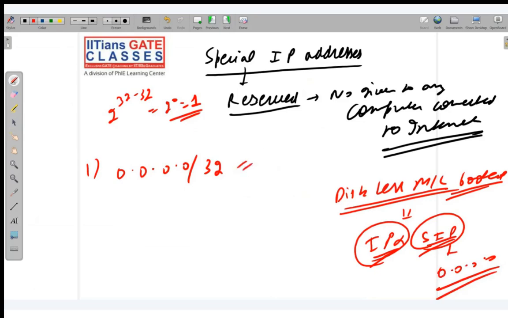Obviously it will not be given to any machine. So please write it: if a machine does not know its own IP address and it wants to send an IP datagram, then in the source IP address it will fill all zeros, that is this only.